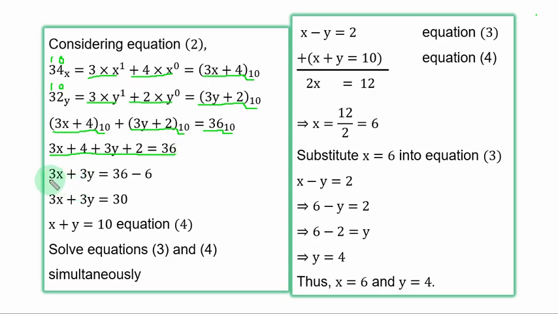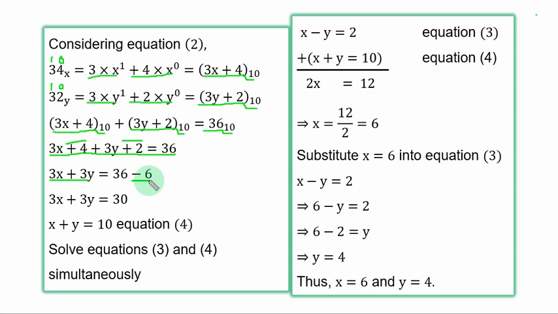So you have 3s plus 3y, the constants, plus 4 plus 2 is plus 6. When you transfer it to the right hand side, it becomes minus 6.